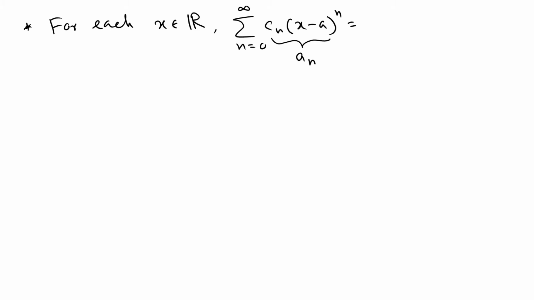You can call this an, because if x is fixed, this is just a number. So you can simply write this as the sum with n going from 0 to infinity of an. This 0 is not really important, it's whatever the starting value. So you can see this is just the series that we learned before. Just a series.